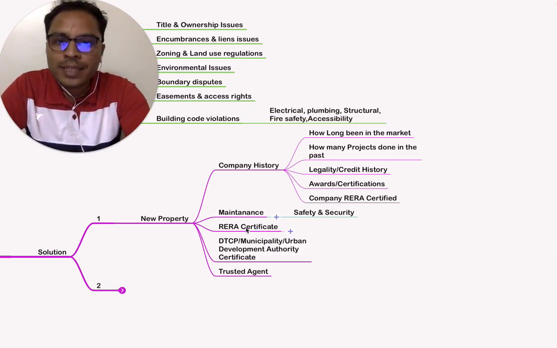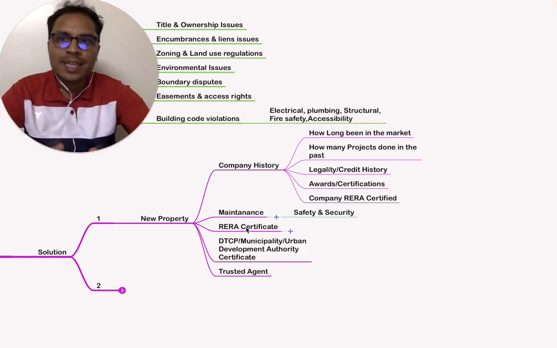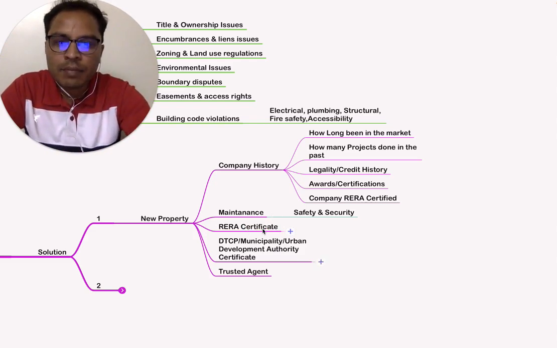You need to look at RERA certification, whether the company has got RERA or the project is RERA certified or the layout is RERA certified or not. You need to check that, or whether the layout is approved by DTCP or the municipality or the urban development authority.